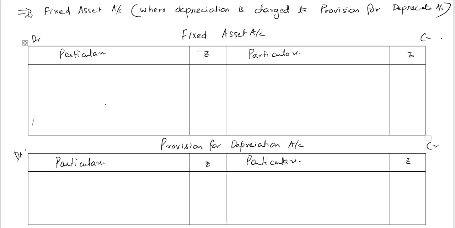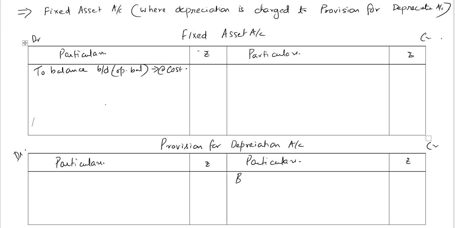We'll begin by bringing down the opening balance in both these accounts. To balance brought down, opening balance of the fixed asset account, that is the amount at cost, original cost.